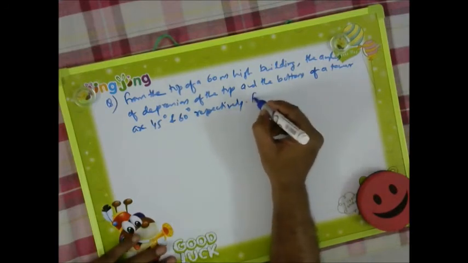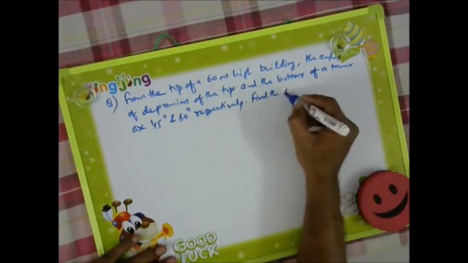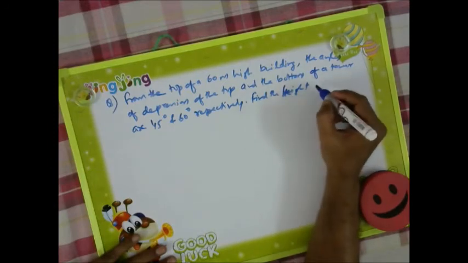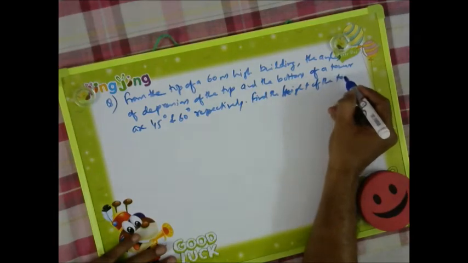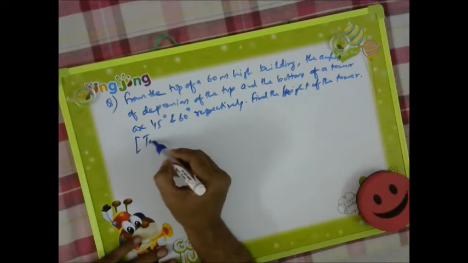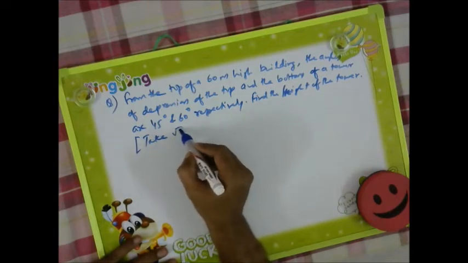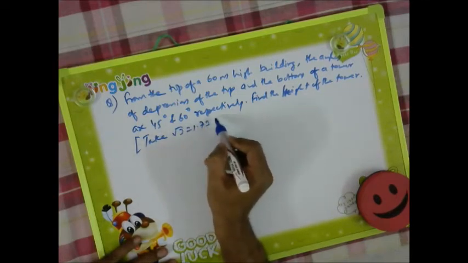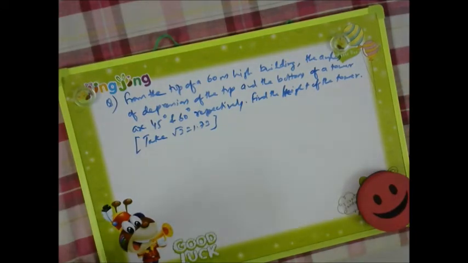Find the height of the tower. And we are also given that take root 3 is equal to 1.73 value.